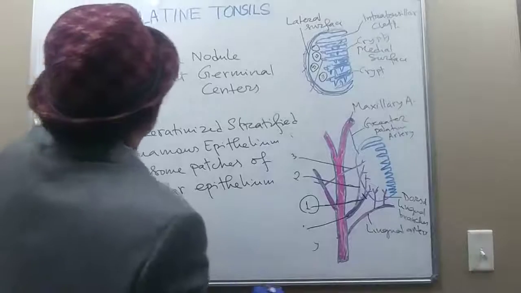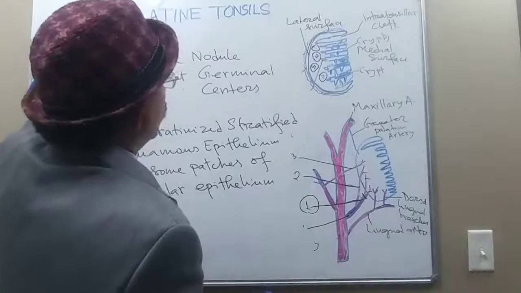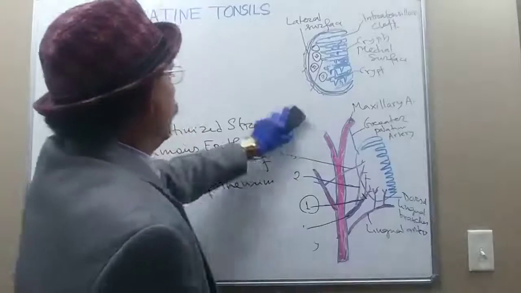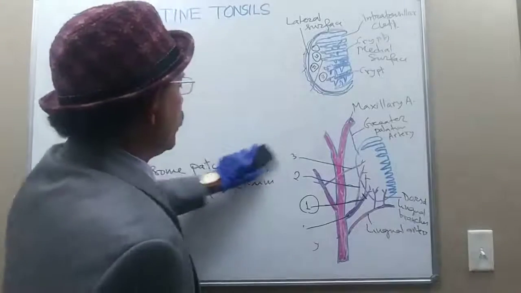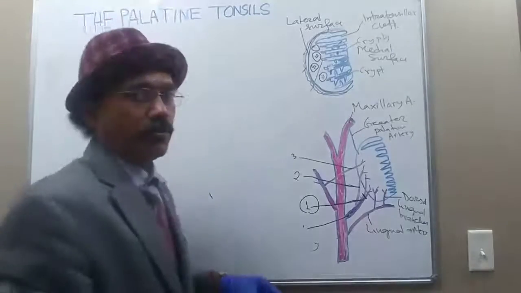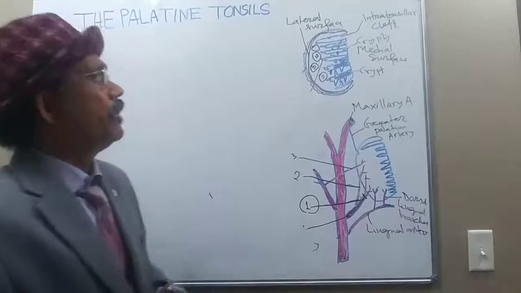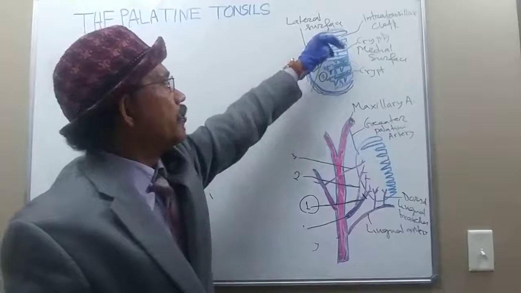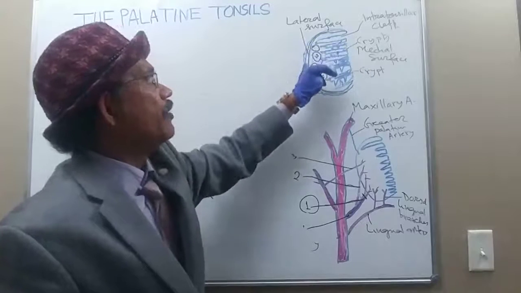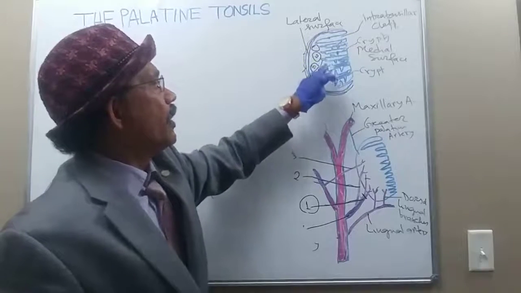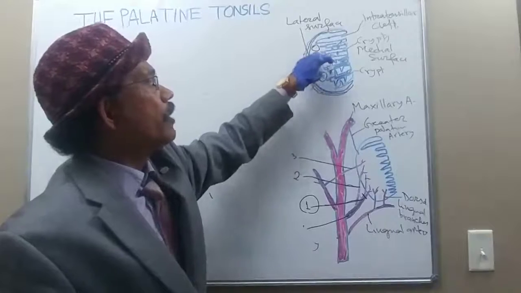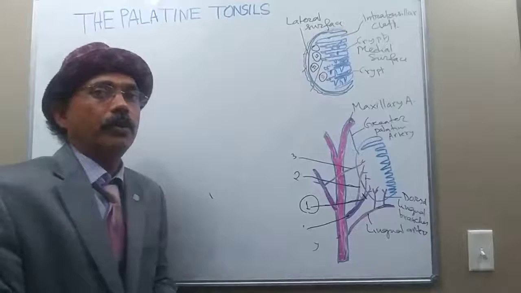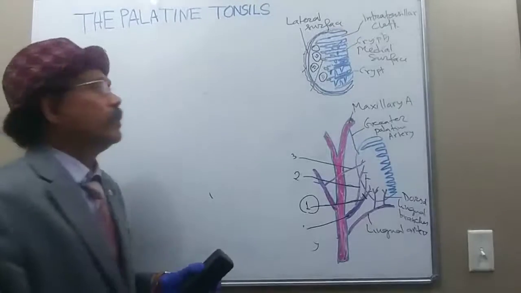Okay, so we got the histological structure. The lining epithelium is non-keratinized stratified epithelium plus some patches of reticular epithelium, and we have connective tissue stroma, and the capsule is a fascia. But we have lymphatic nodules that contain germinal centers. Okay, we got the histology.